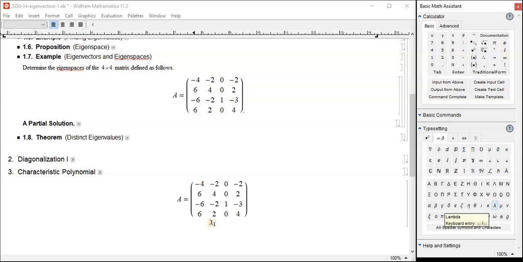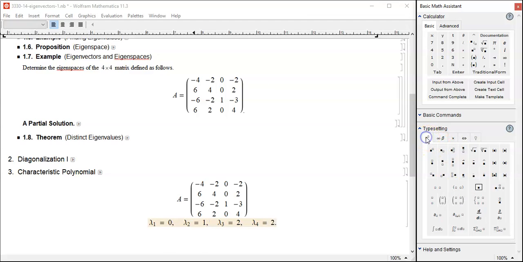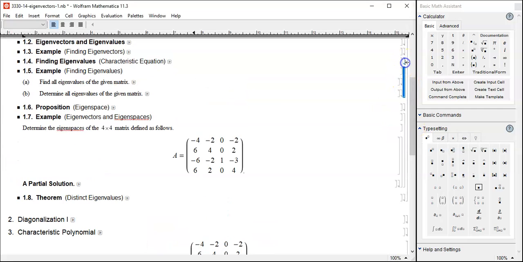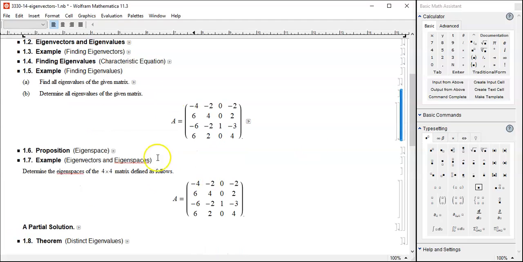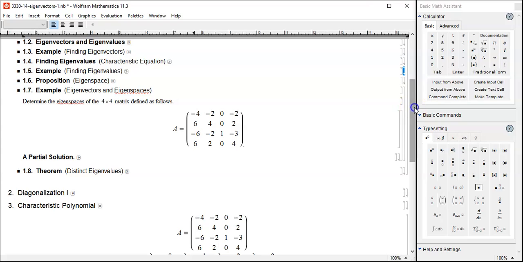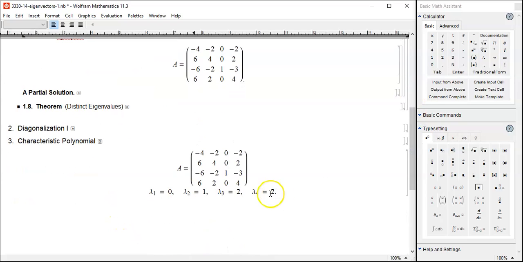The first eigenvalue is 0, the second was 1, the third 2, and that was also 2. Do you remember this? It came from the previous problem. If you set up this characteristic equation and solve it, you're going to get those.